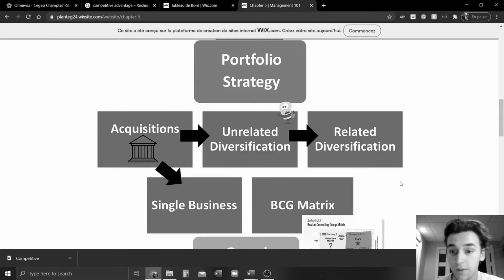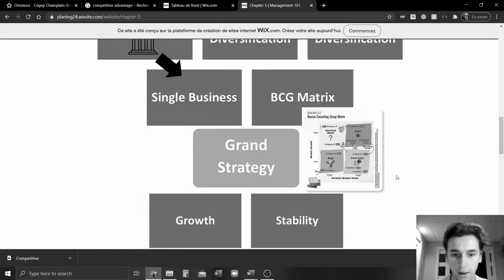Next, related diversification. So sometimes you want to buy maybe a competitor who's taking your customers in your industry. So you can buy or invest in some companies from the industry. Next, single business. This is when you're buying a single business, and there's the BCG matrix.